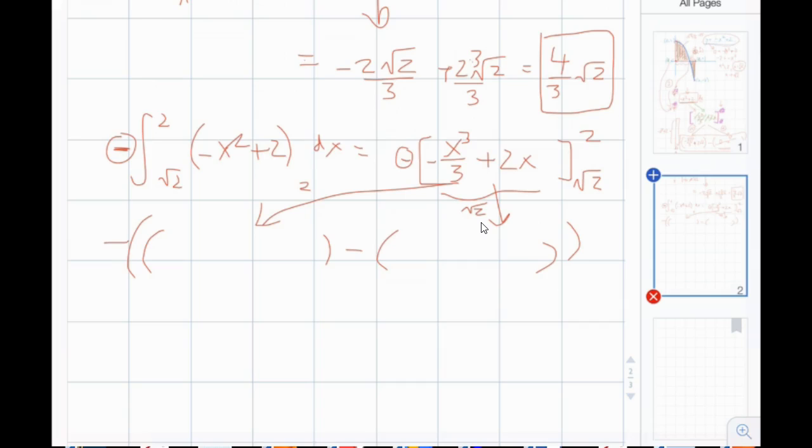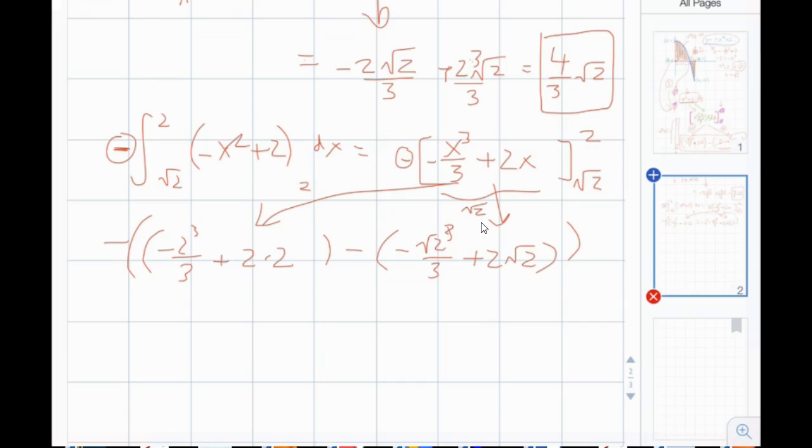So this first one we put negative 2 cubed, which is 8 again, and this should look similar to the other one, except it's 2 instead of square root of 2. And then this one is going to look exactly like what we got before. We're going to have negative square root of 2 cubed divided by 3 plus 2 square root of 2.